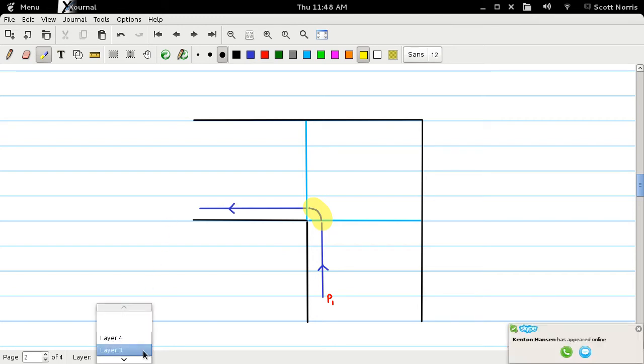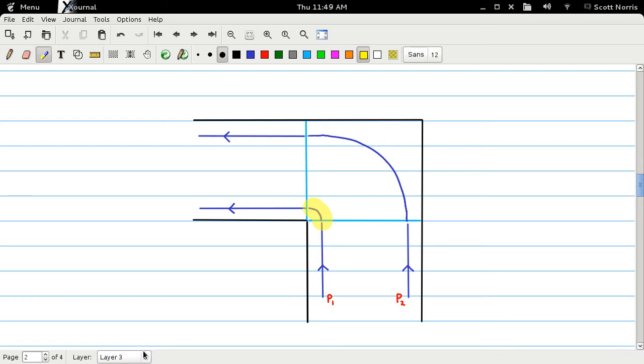Here is another possible trajectory that the race car driver could take. You see that we come in on the outside and we turn the corner through the outside and then leave on the outside. And you'll see that this has very much larger radius, and so the race car driver will be able to leave very much faster.